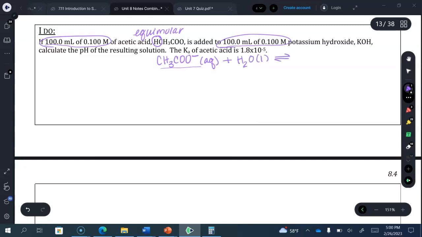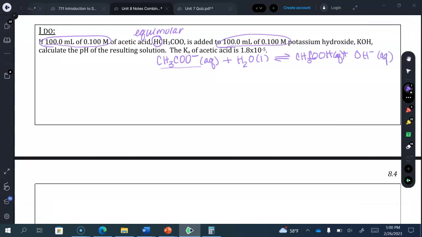And because it's at equilibrium, we use an equilibrium arrow, and it is at equilibrium with its CH3COOH, aqueous, and the hydroxide ion that's reformed when the conjugate base accepts the hydrogen ion from water.